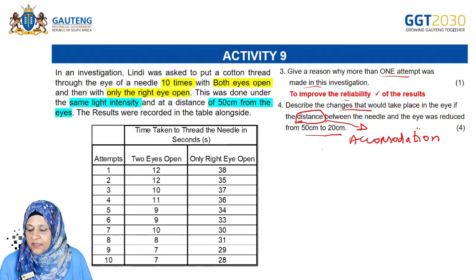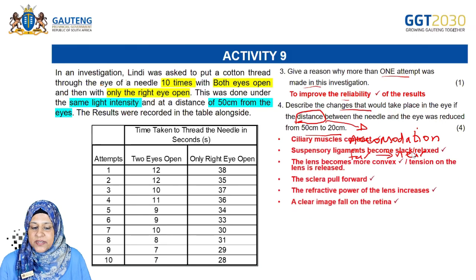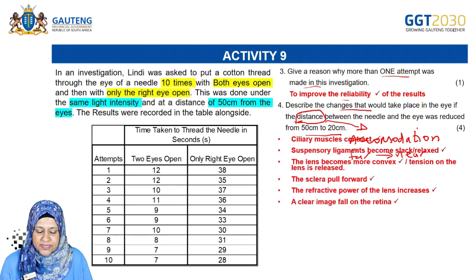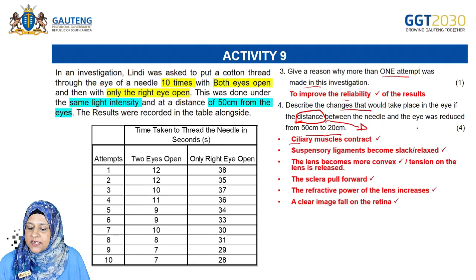And the fact that we are moving from far, we are coming now to near, we're going to discuss near vision. And when we discuss near vision, we are going to look at the ciliary muscles contract. Remember, C for near vision. Okay, firstly, let me say this.